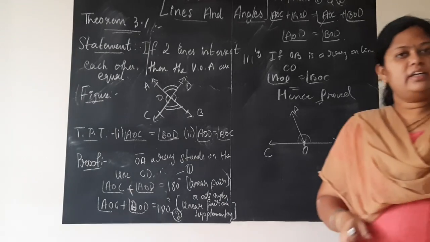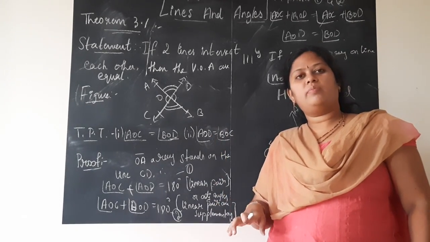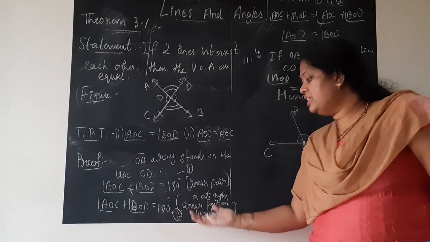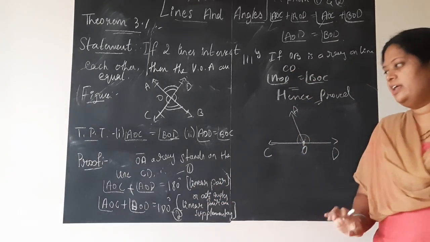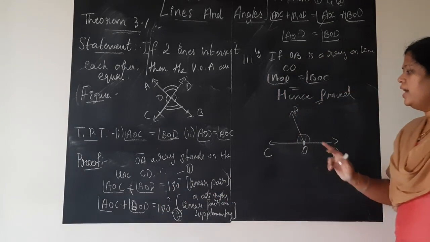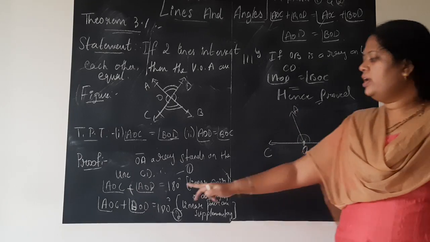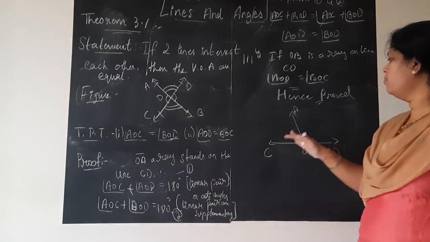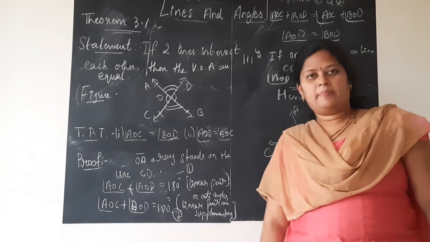Children, in geometry, whatever you write, even in theorems as well as while solving problems, always give the reason in brackets for whatever you write. You have learned that in 8th standard. So angle AOC plus angle AOD is 180 degrees, because they form a linear pair, and I am calling it equation 1.